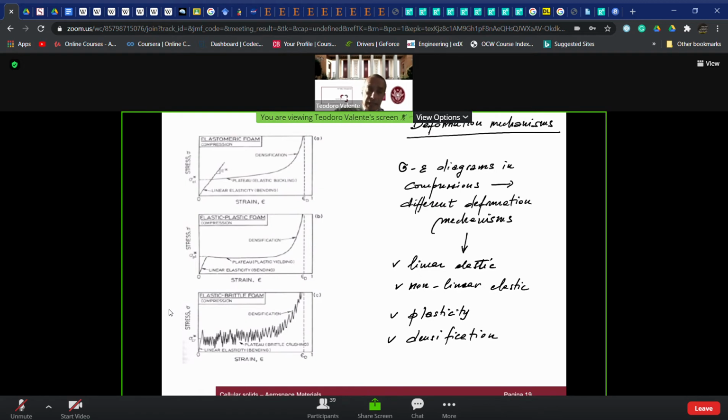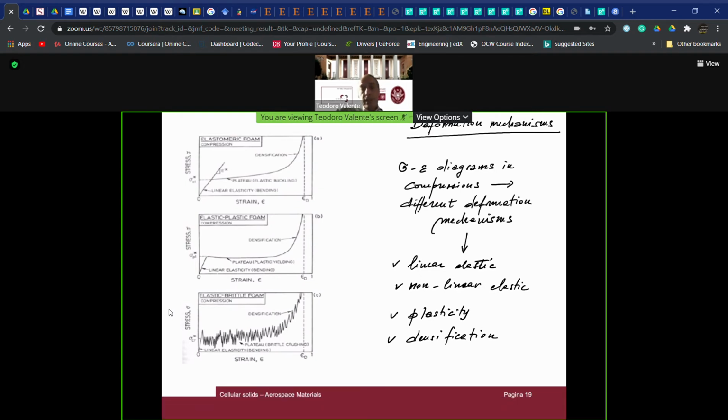Then again, being in compression, we can reach the situation in which we recover all the initial voids, and thus densification itself, again defined with a value of strain epsilon d, where d stands again for densification.